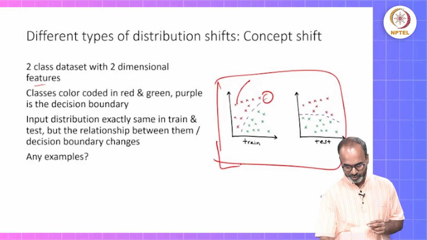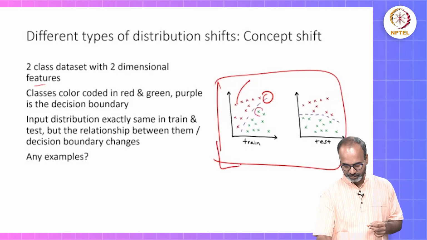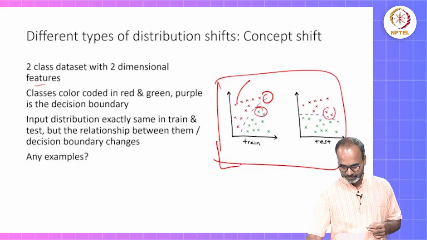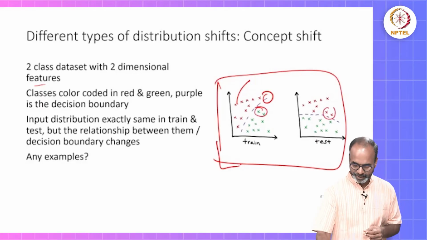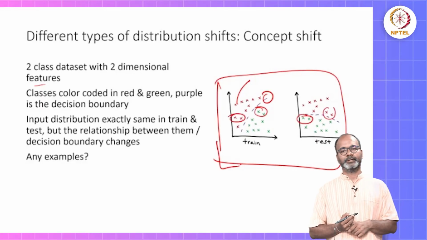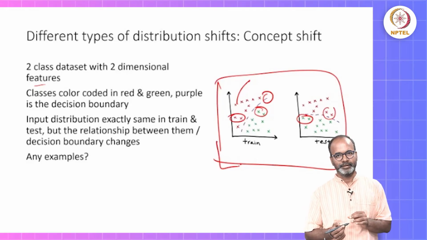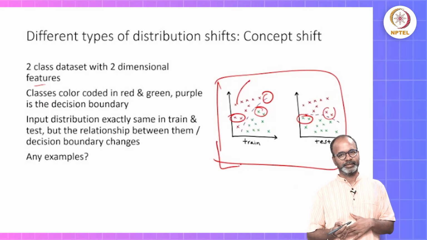The classes and input distribution are exactly the same as in the train. If you look at the data points in these two and these two, the distribution is exactly the same, whereas the decision boundary has just changed. That's why it's called concept shift.